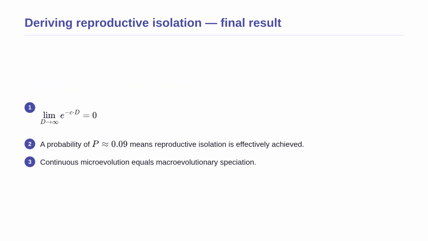Continuing our derivation, we look at the limit of our probability function. Mathematically, as the genetic distance approaches infinity, the exponential function approaches 0. In our specific salamander case, the probability dropped to just 9%. Because this probability is so incredibly low, the populations are effectively reproductively isolated.